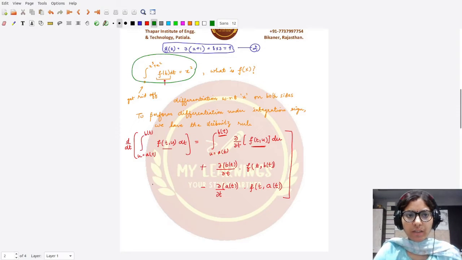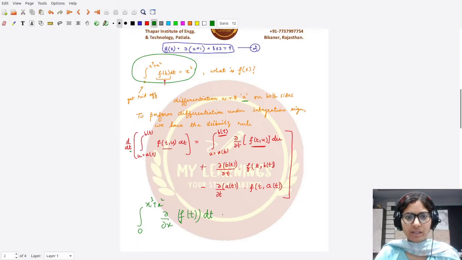On the left hand side, according to the Leibniz rule, we'll have the integration from 0 to the same upper limit x cube plus x square, and the partial derivative with respect to x, because we are differentiating with respect to x and not with respect to t. So it would be the partial derivative with respect to x of f of t, dt.